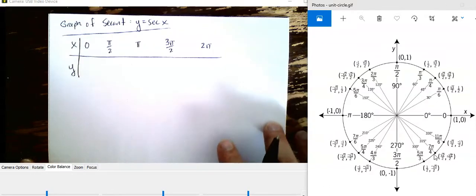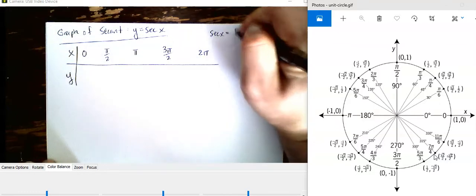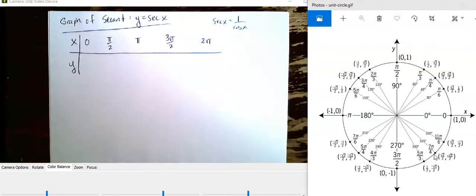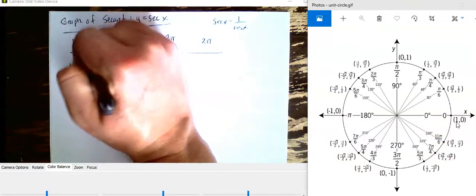All right, recall that secant is 1 over cosine. So we're going to find those values. At 0, the cosine is 1, and 1 divided by 1 is 1.